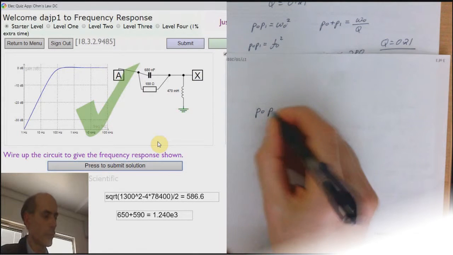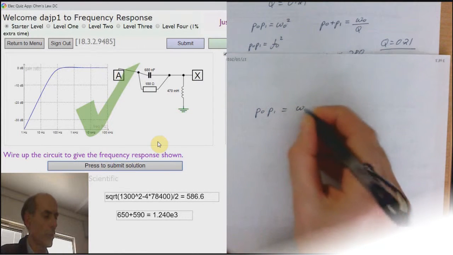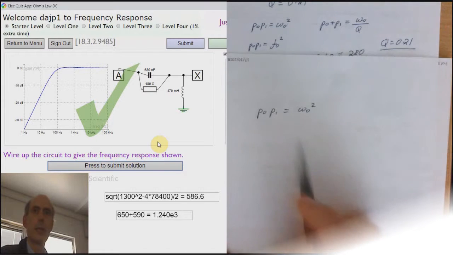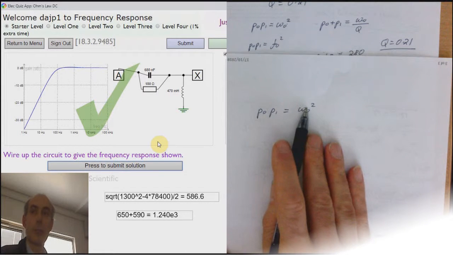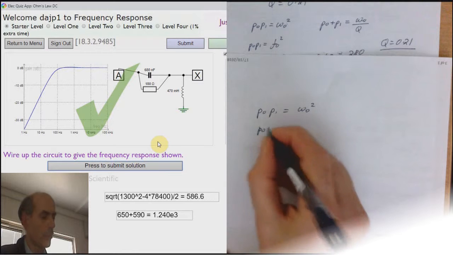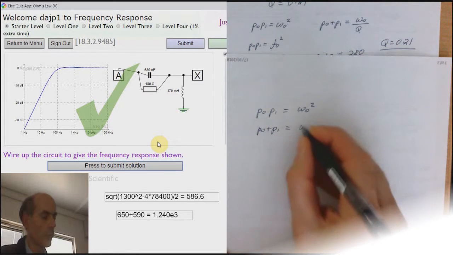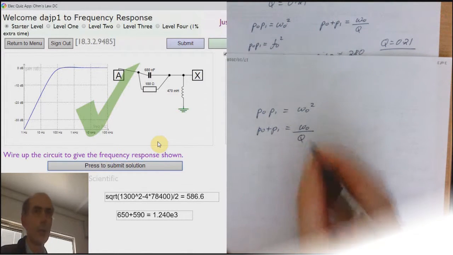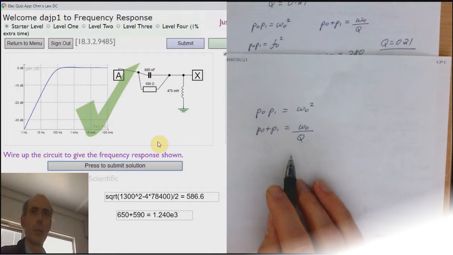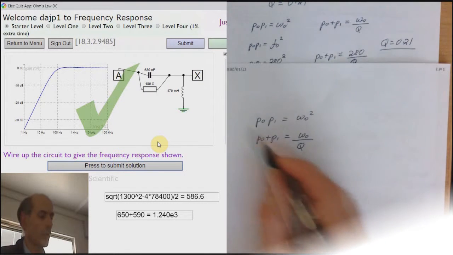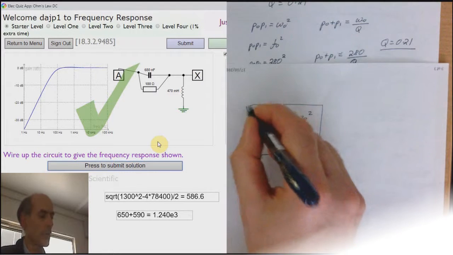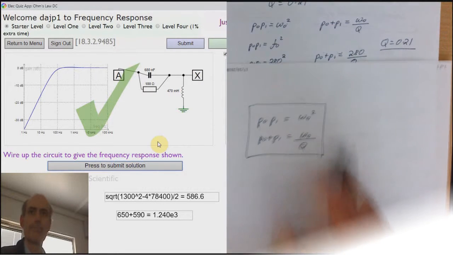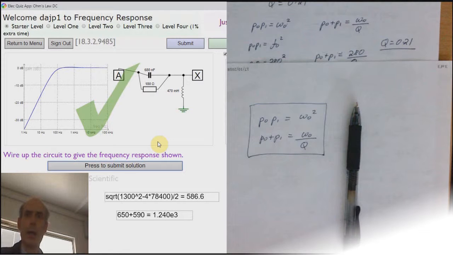The product of the two poles is the square of the resonant frequency, and the sum of the two poles is the resonant frequency divided by the Q factor. And they are always true no matter what the Q factor and resonant frequency are. That's enough for this one.